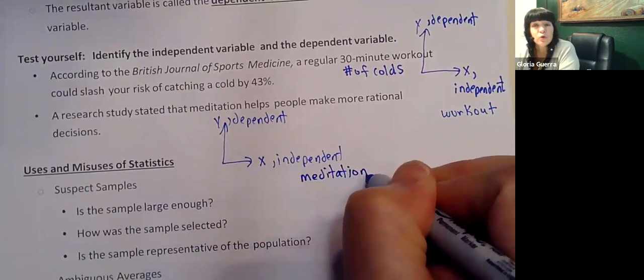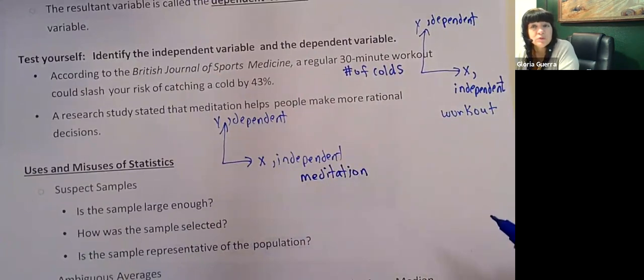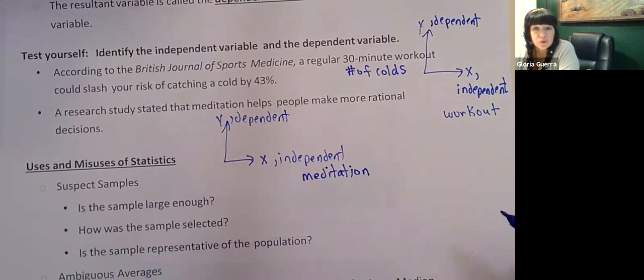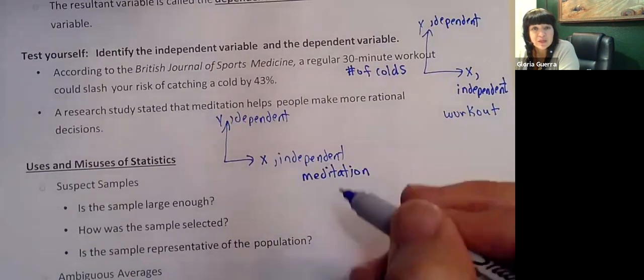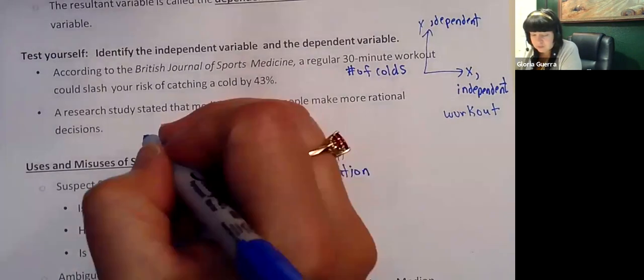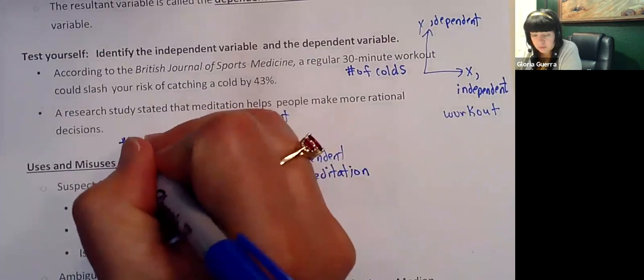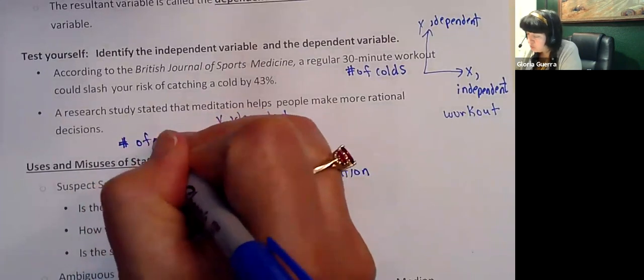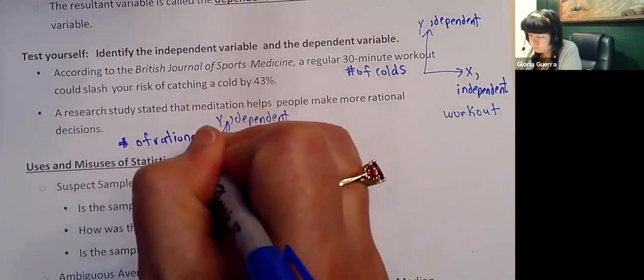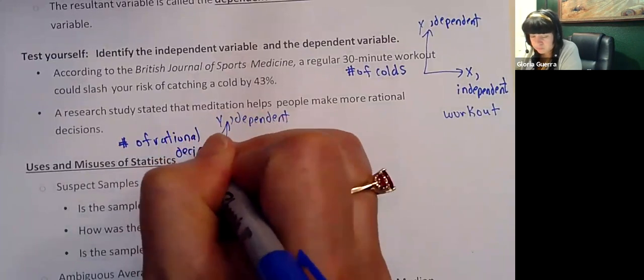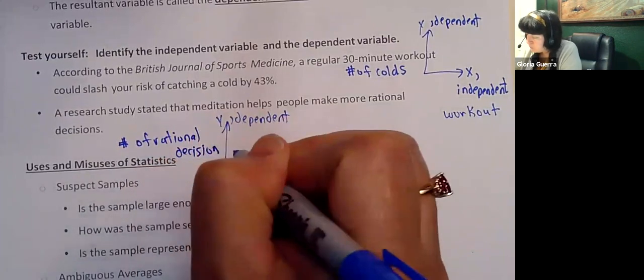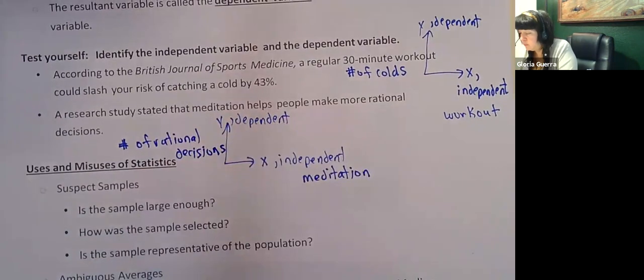So we don't know if they're doing yoga, or sitting by scented candles, or sitting in the dark. We don't know what type of meditation. Are they reading? But they're looking at forms of meditation, and they're wondering if that helps them with the number of rational decisions. So we're taking a look at that.